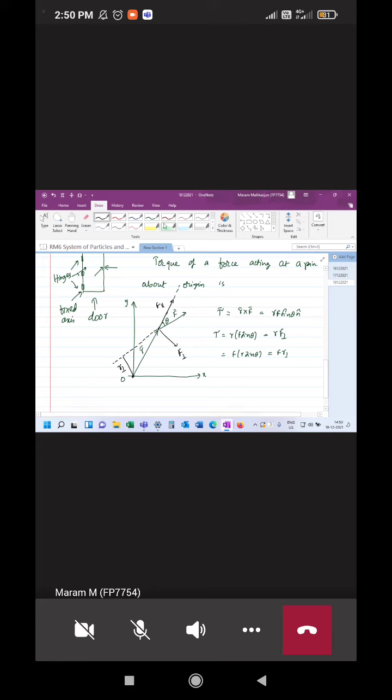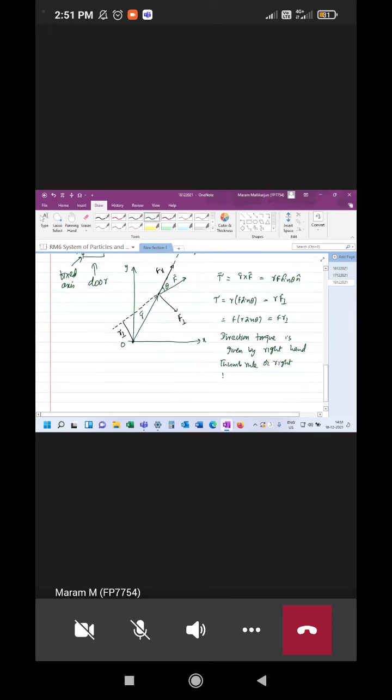Okay, so the direction of torque is given by the right hand thumb rule or right hand screw rule.